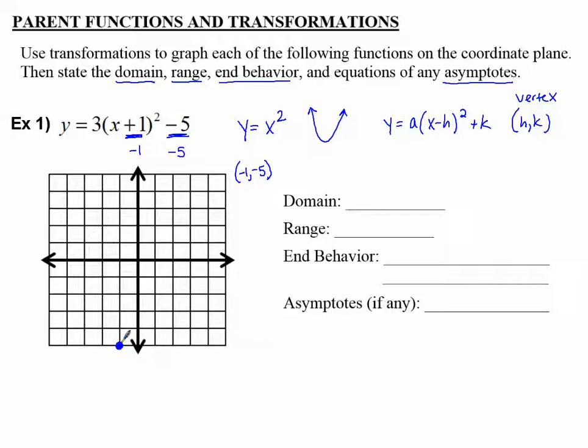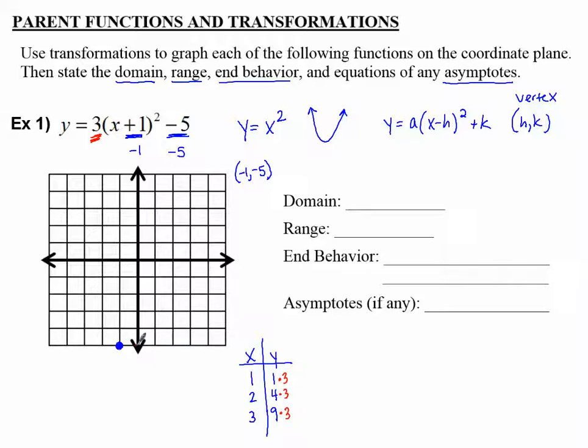Now normally, in the quadratic function, 1 squared is 1, 2 squared is 4, 3 squared is 9, and so on. So that means when I move 1 unit away, I normally go 1 unit up, since 1 squared is 1. But because I'm multiplying by 3, I'm going to multiply each of these by 3.